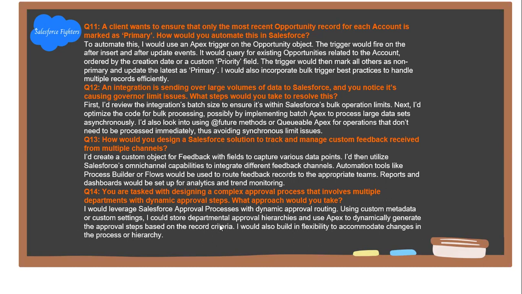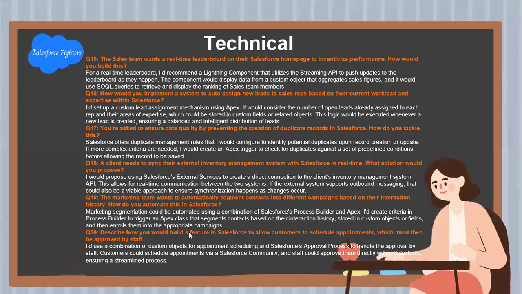I could store the departmental approval hierarchy and use Apex to dynamically generate the approval steps based on the record's criteria. I would also build in flexibility to allow changes in the process and hierarchy.